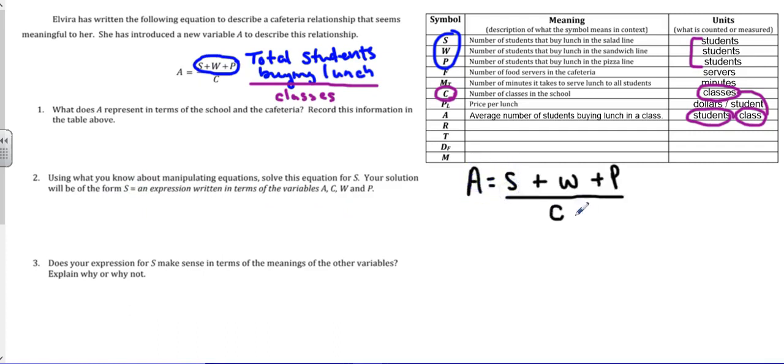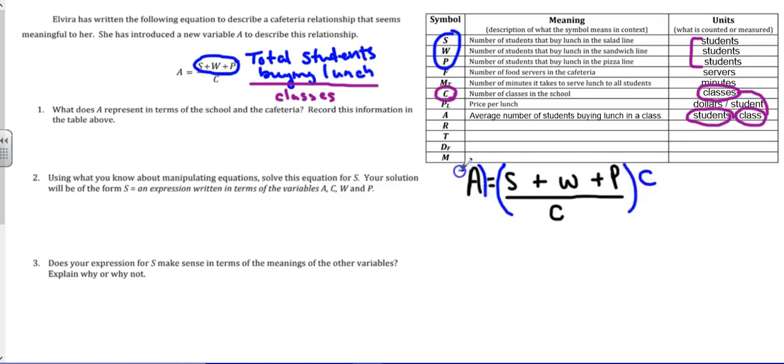Then I need to think about what I need to do first. When I was originally looking at this problem, I understood that it was S plus W plus P. That happened first to get the total, and then it was divided by the number of classes. So I need to do the opposite. So here I'm going to use the multiplication property of equality, which means I'm going to multiply C on both sides of the equation.